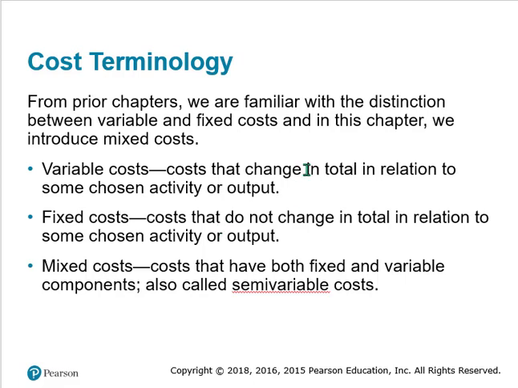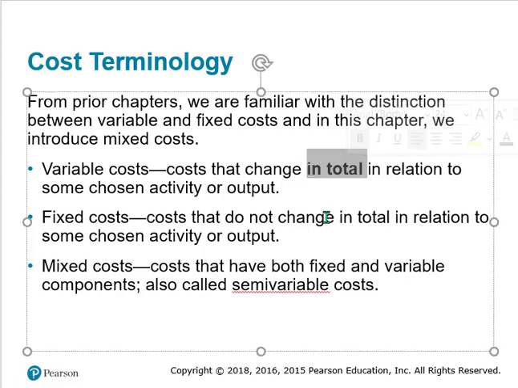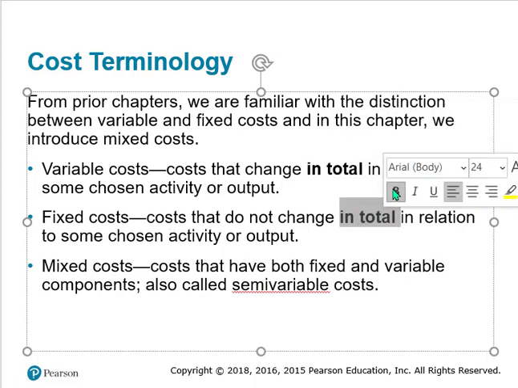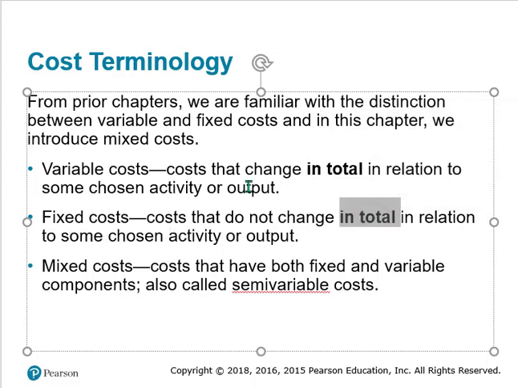These are both in total though. Okay, per unit, it's going to be a different story. Variable costs per unit are going to remain constant, where fixed costs per unit will decrease with increases in output, right? And then mixed costs have both fixed and variable components. They're also called semi-variable costs.